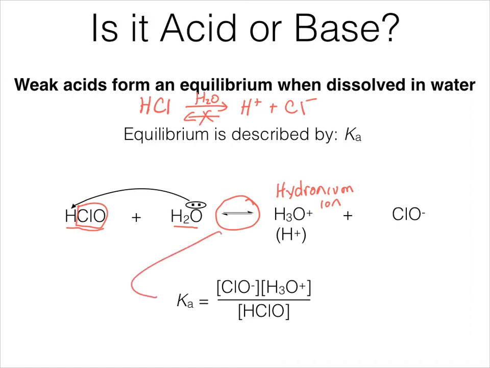Because this is an equilibrium, we can describe this reaction with an equilibrium constant. And we give this equilibrium constant the notation of a Ka. This A stands for acid. And so notice that this is the same format of the Ks that we talked about in chapter 15, where we have the concentration of the products divided by the concentration of the reactants.